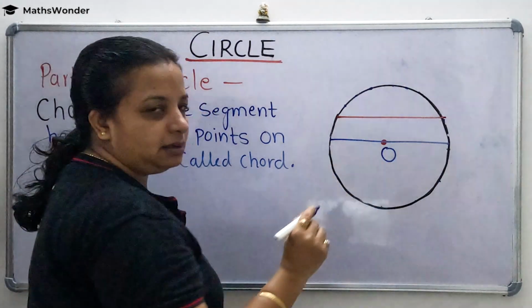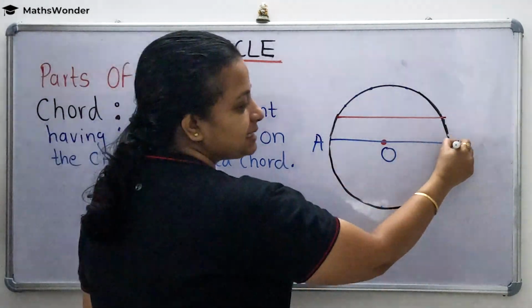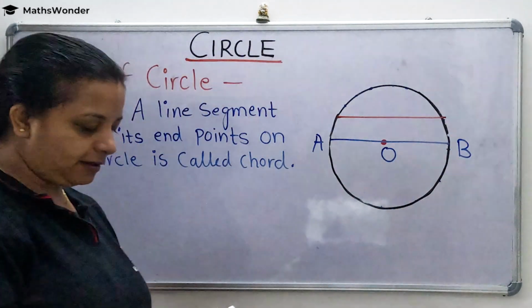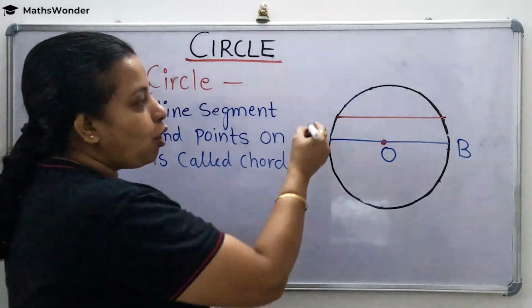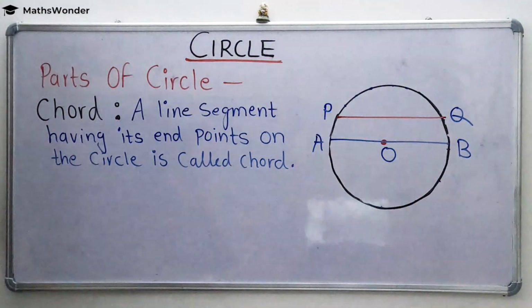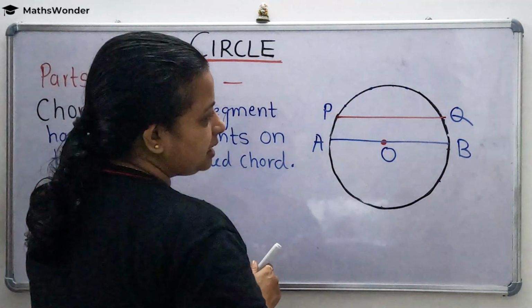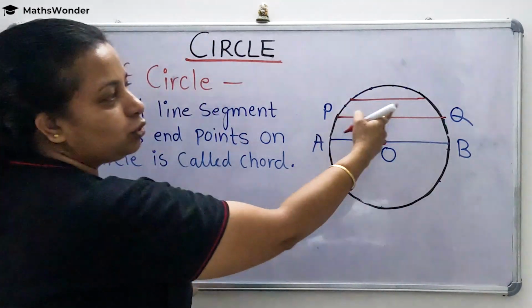O is the center of the circle, and as you know, AB is the diameter. So the chord is this one, PQ, which does not go through the center of the circle. Always remember, this is a chord because it does not go through the center.